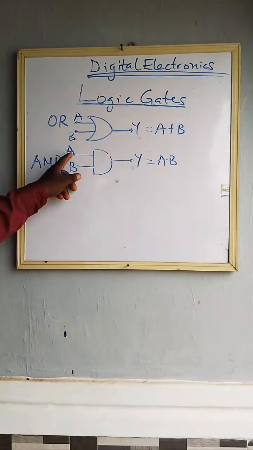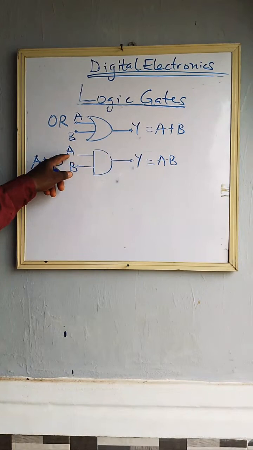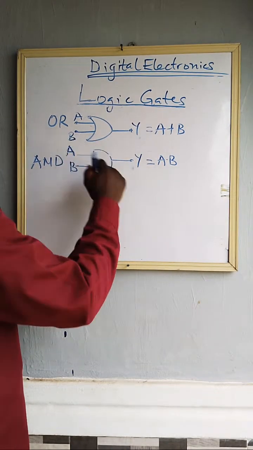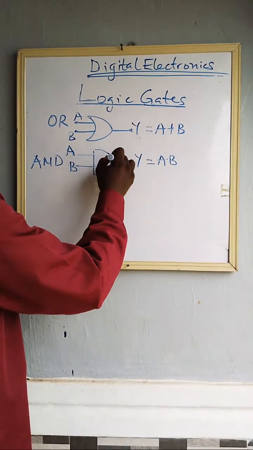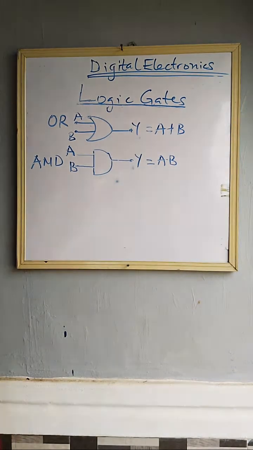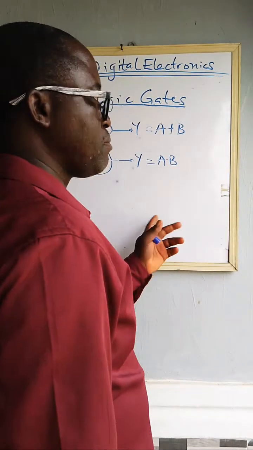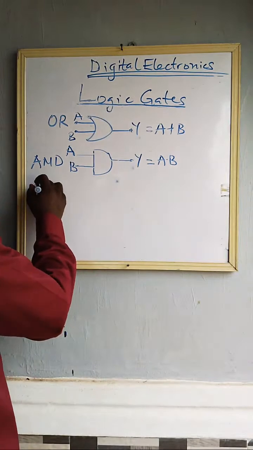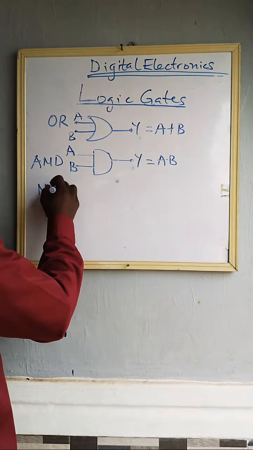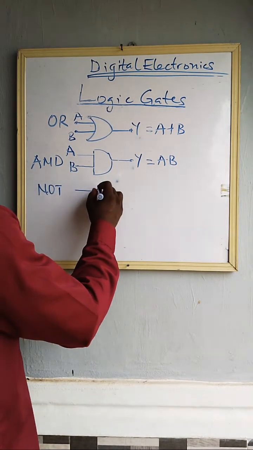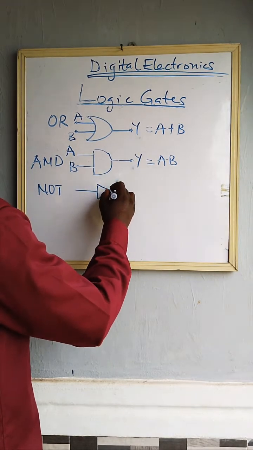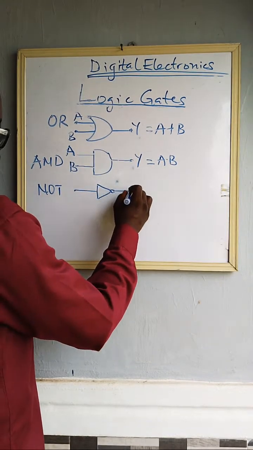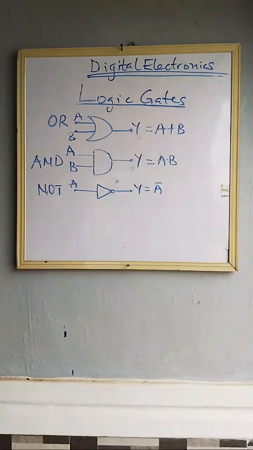That is for the AND gate. So the sign for this function is the dot, which is multiplication in mathematics. Then we have the NOT gate. The NOT gate is the inversion gate, the gate that changes the logic condition to the opposite. So that is what we did.